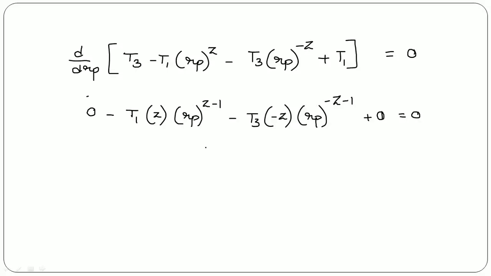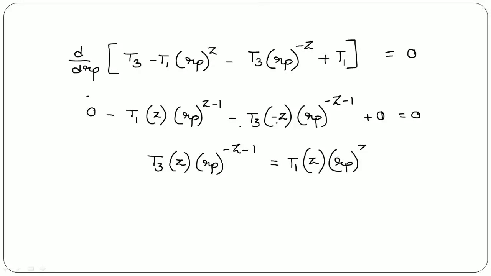This will be equal to 0. Now minus of minus z can be multiplied so that you get a positive value. So T3 into z into Rp to the power minus z minus 1 is equal to T1 into z into Rp to the power z minus 1.